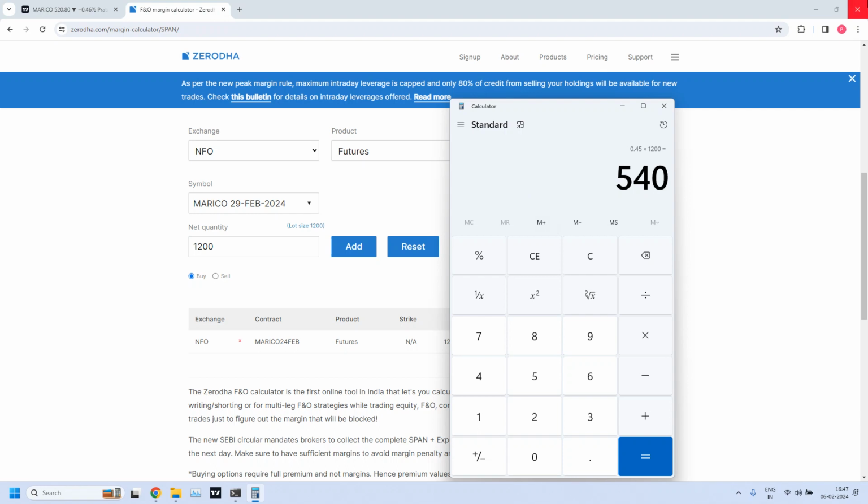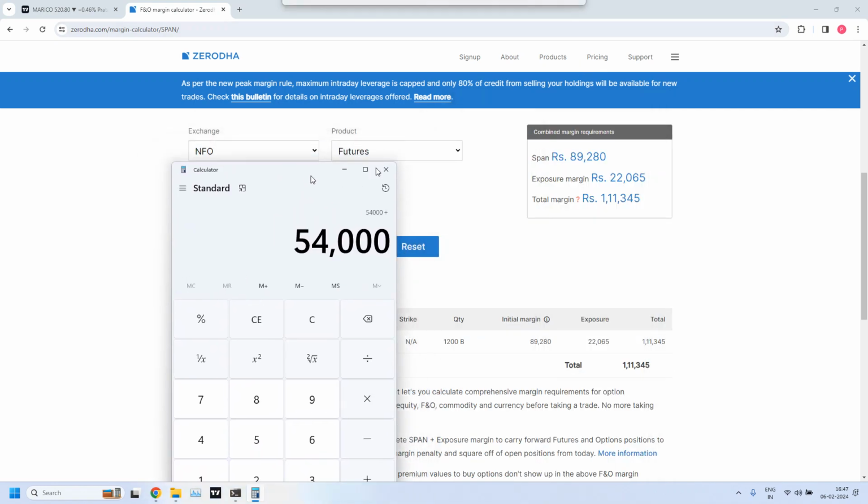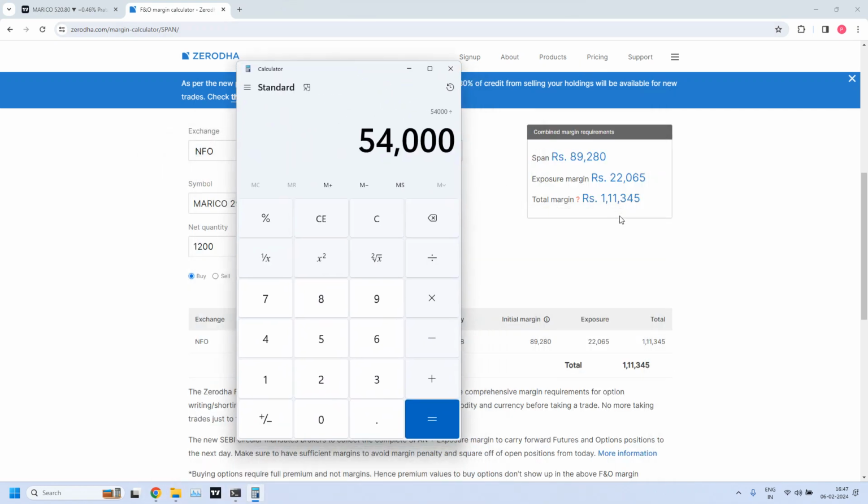And what is the negative ROI we got? 540 into 100 divided by the cost of the lot. That is 1,11,000 approximately. By the time prices reached that zone, it would have been a little different, but not much difference. So that's why I'm using the latest closing price for the margin.